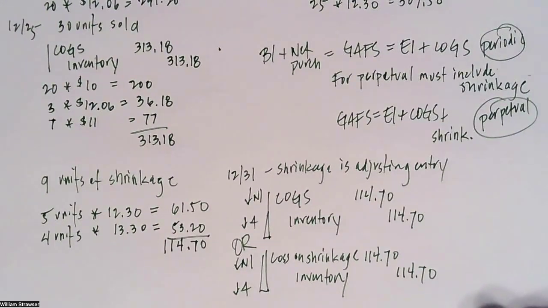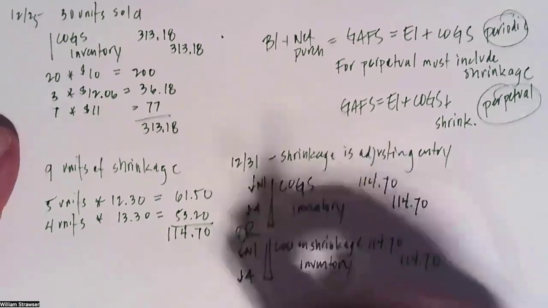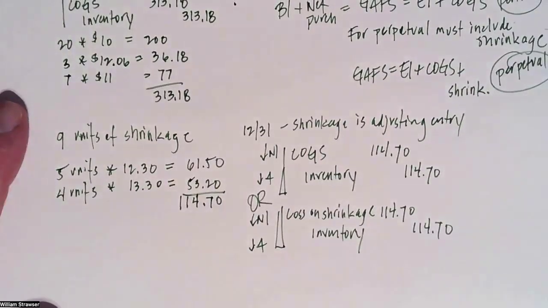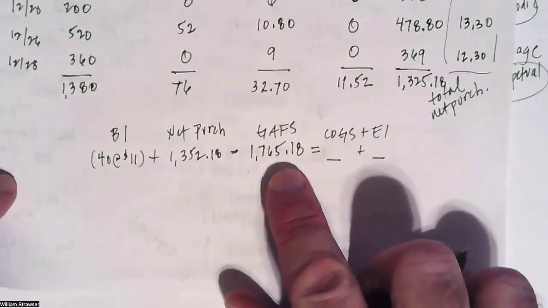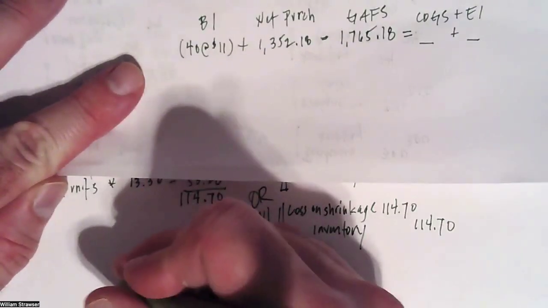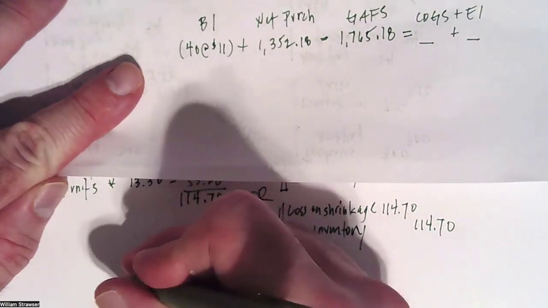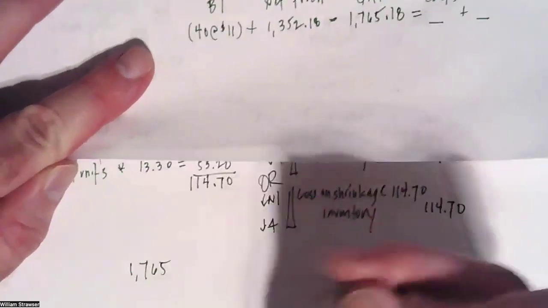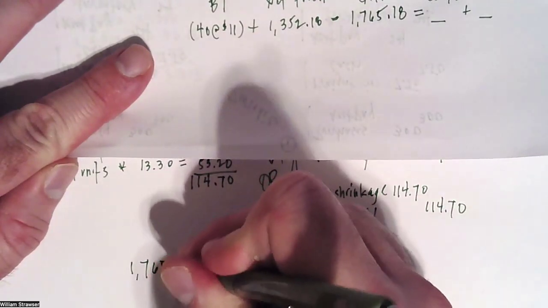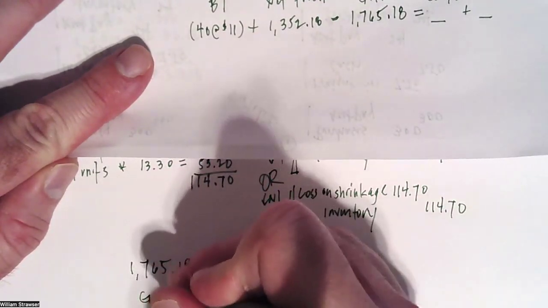Well, now that I have my shrinkage broken out, I can absolutely determine my ending inventory because I know my goods available for sale way back here. Right? I said that would be useful. And now it's come to use: $1,765.18. This is my goods available for sale.